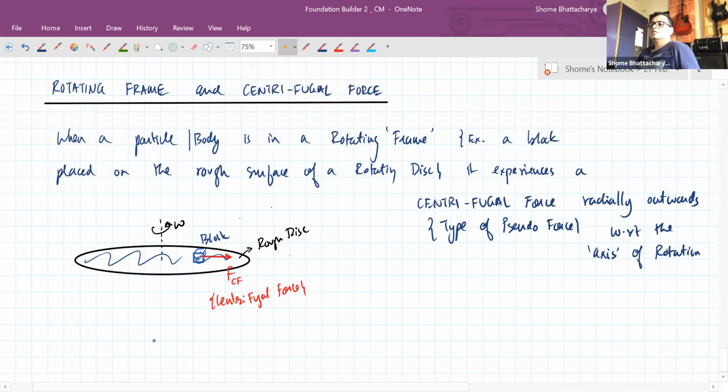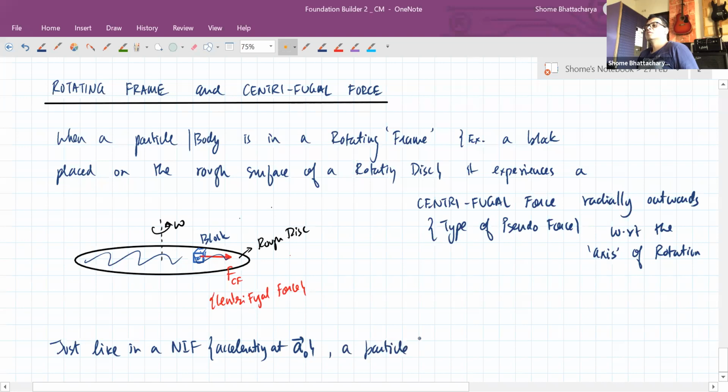So this is just like in a non-inertial frame accelerating at a naught, a particle of mass m experiences pseudo force.